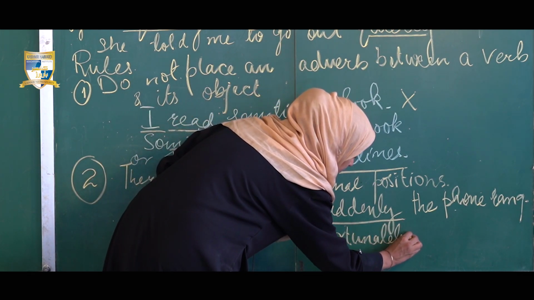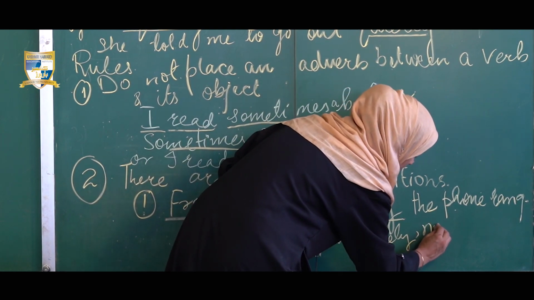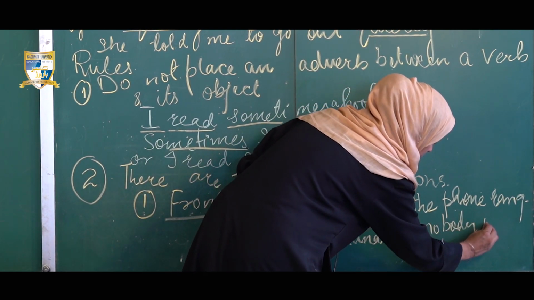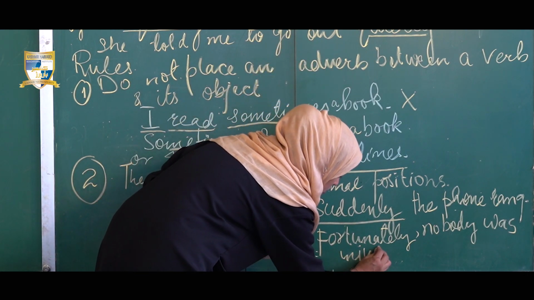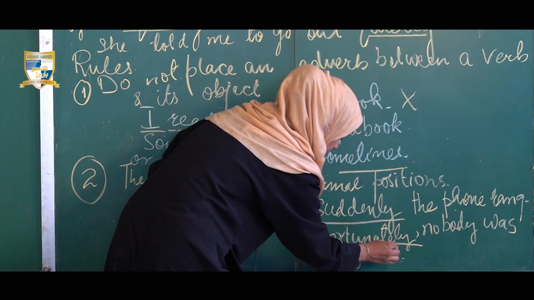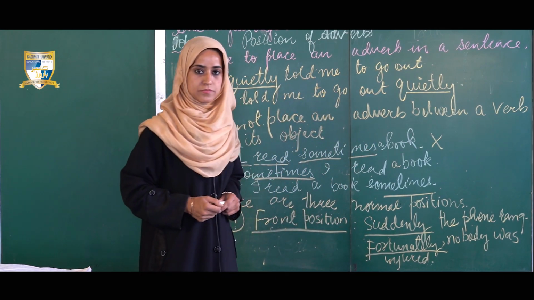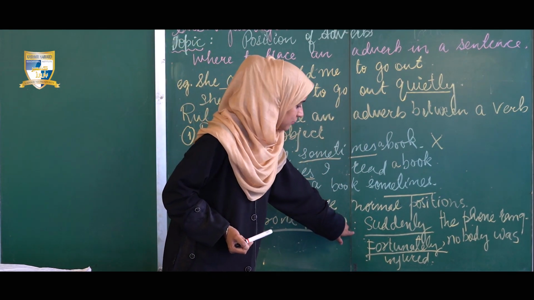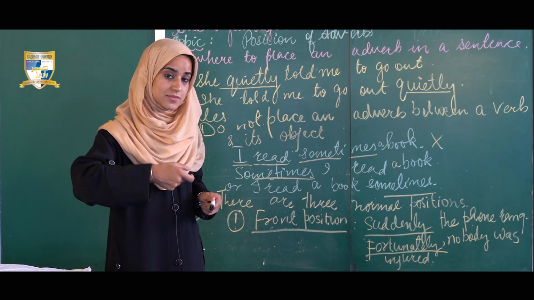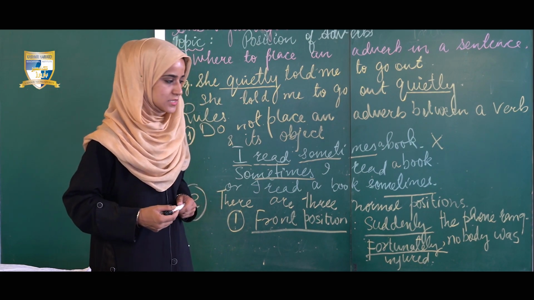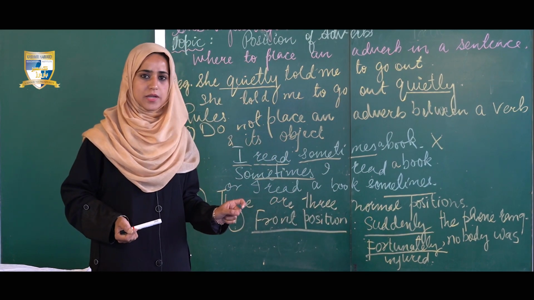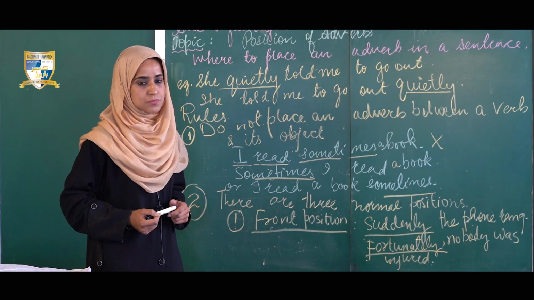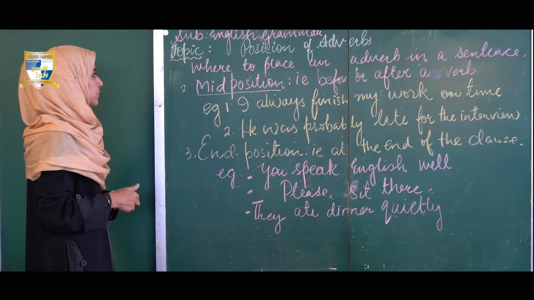Fortunately, nobody was injured. Here we have one more adverb, fortunately, which we have placed in the beginning of the sentence. So this placement of adverbs is known as the front position, where an adverb is put at the beginning.